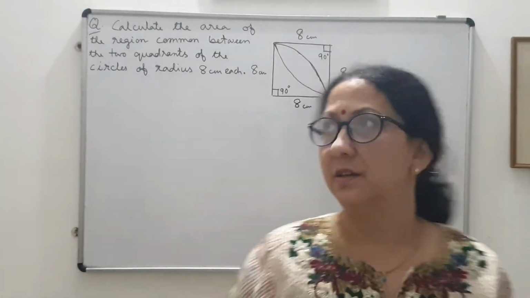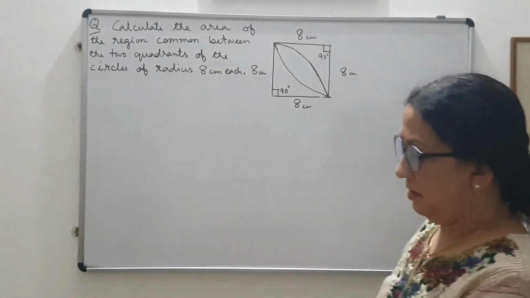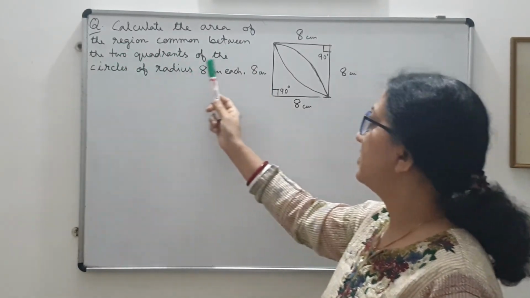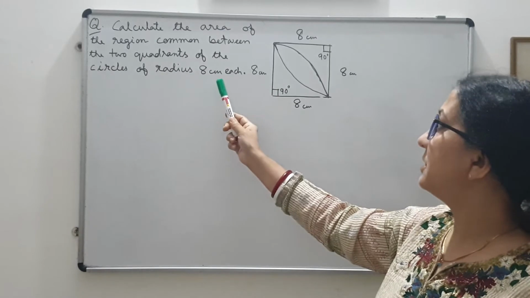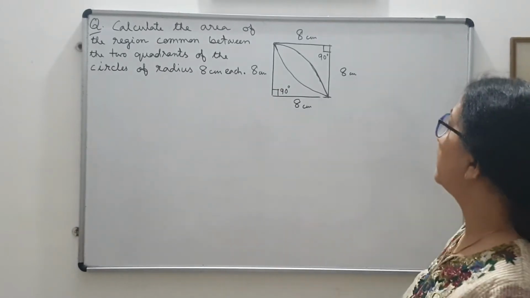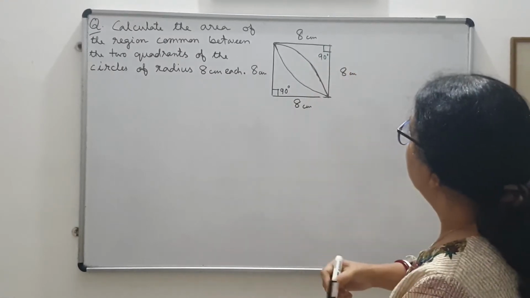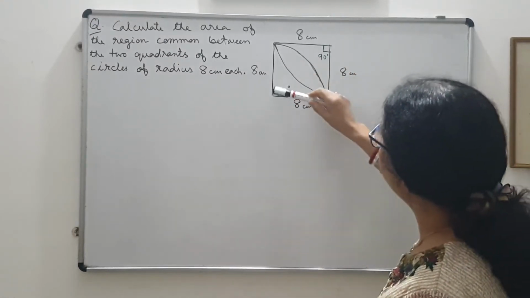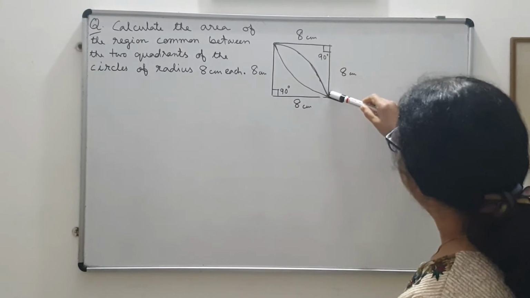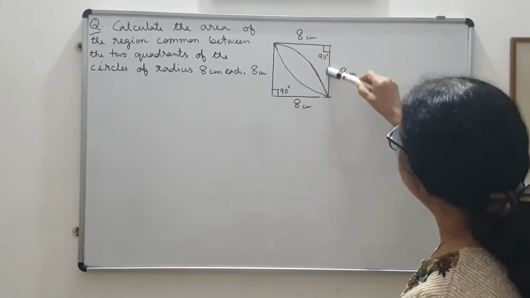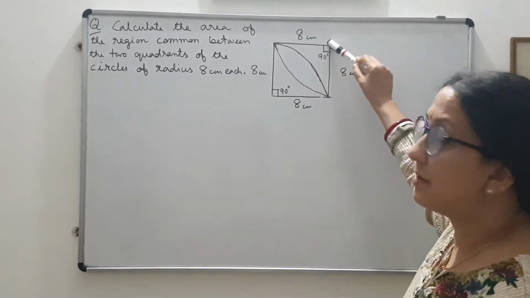Next question. Calculate the area of the region common between the two quadrants of the circles of radius 8 cm each. So that means, you see, these are 90 degrees, so obviously this is a quadrant. This is a quadrant with this as the center, and this is another quadrant with this point as the center.